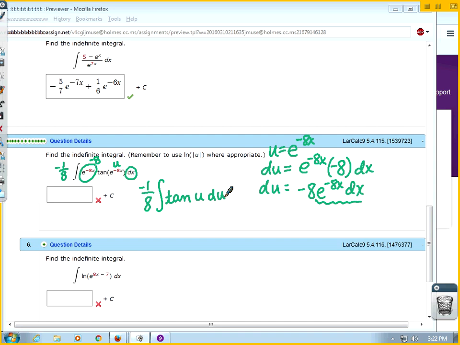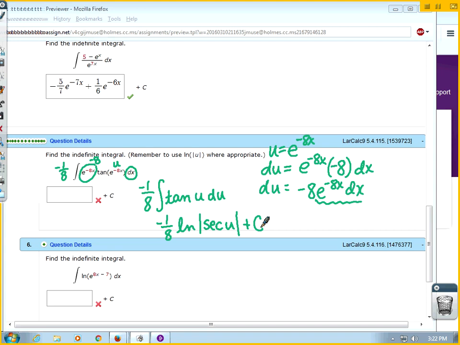All right, now that's something you can either memorize or you can look it up. The integral of tangent u is the natural log of the absolute value of secant u. So this would be negative 1/8 natural log absolute value secant u. Now that comes from rewriting tangent as sine over cosine and then using u equal cosine.